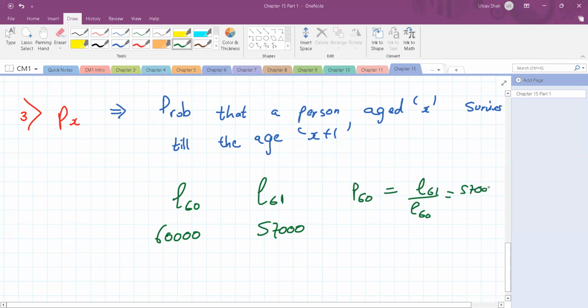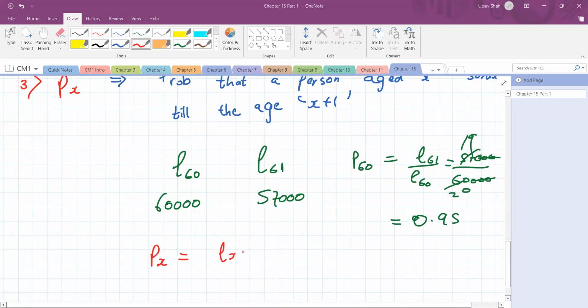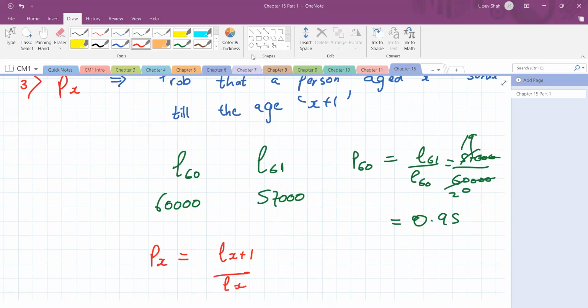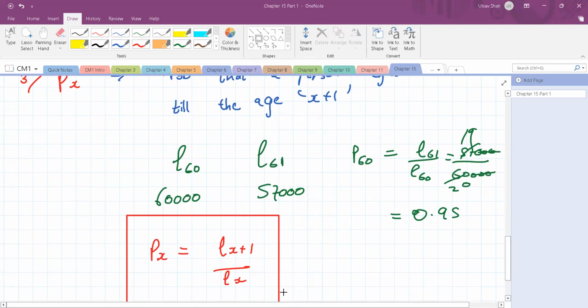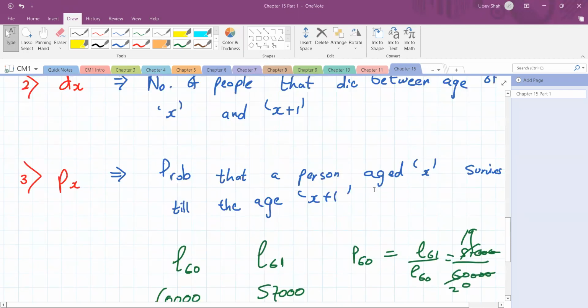So 57,000 upon 60,000, cutting three zeros, this is 57 upon 60, which is somewhere around 95%, so 0.95. That is the probability. So the formula is px equals lx plus 1 upon lx. Also, one more thing.